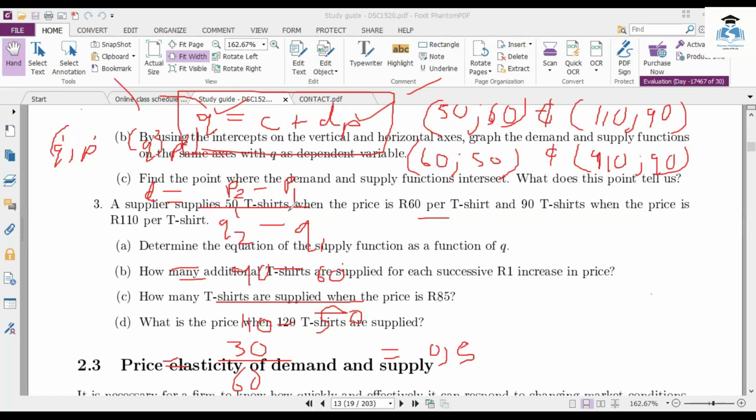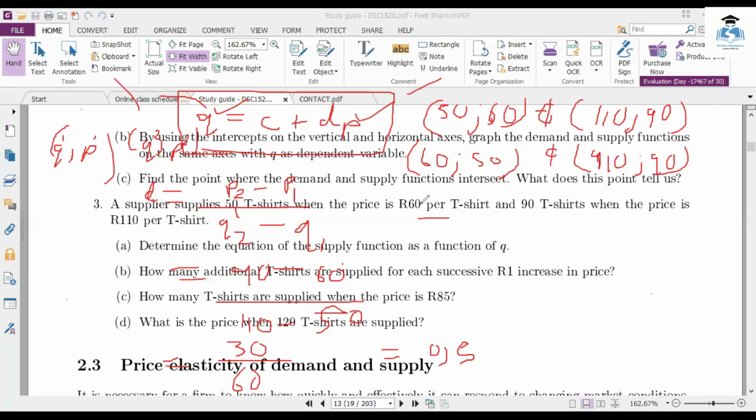Oh, okay. So we said here our Q is the what? The quantity. And our P is the price. So if we check here, our 50 is the what? The 50 is the quantity. We put it here, right?